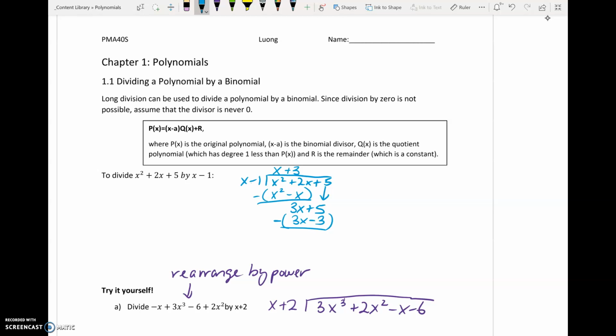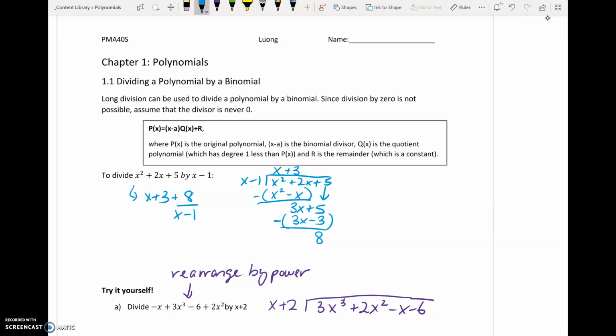So we have 3x minus 3, which is gone, and then 5 minus negative 3, which is 5 plus 3 because of the double negative, and that's 8. So our answer to this is x plus 3 with the remainder of 8. And because we couldn't divide it fully with x minus 1, we do still have x minus 1 in the bottom of our denominator. So that is your answer.